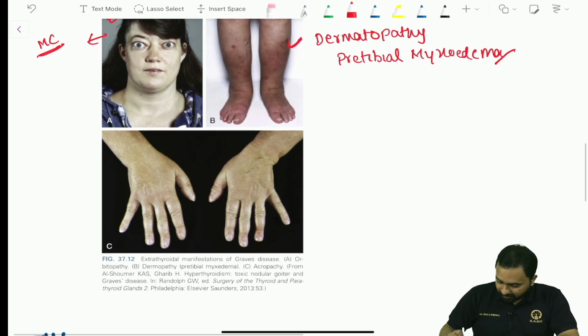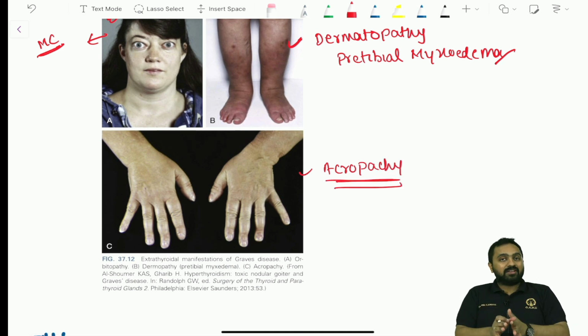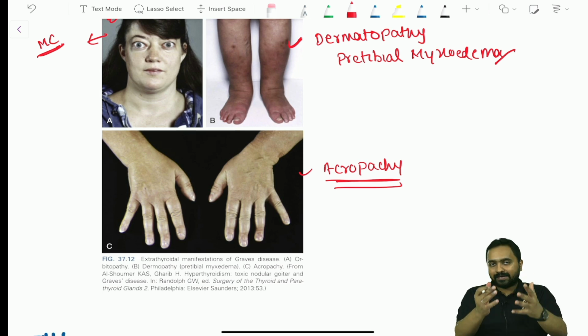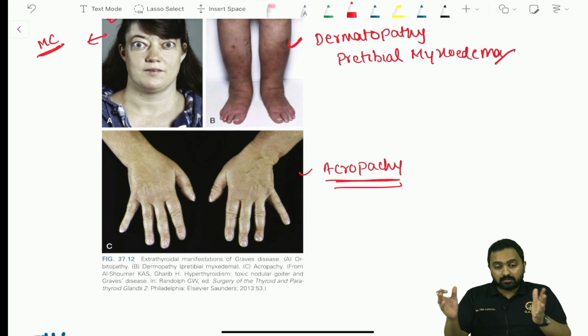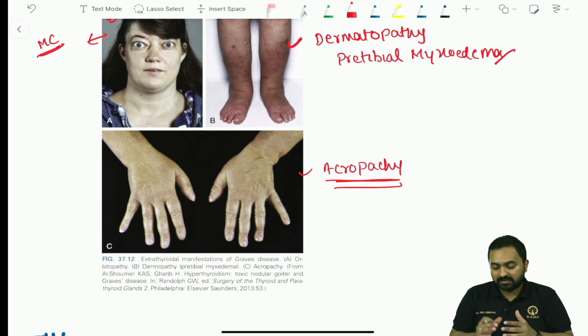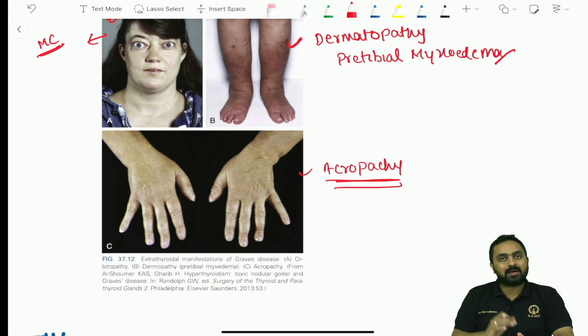And then you have acropathy. The question that can be framed from this image is also a direct one: which of the following are extrathyroidal manifestations of Graves disease, where you can have in options orbitopathy, acropathy, and dermatopathy? The answer would be all of the above.